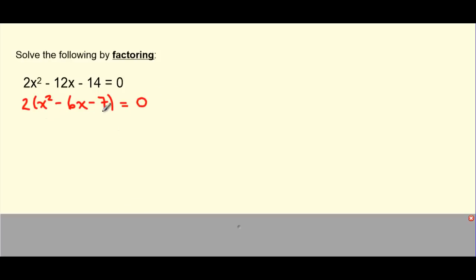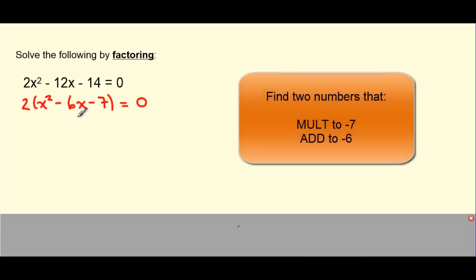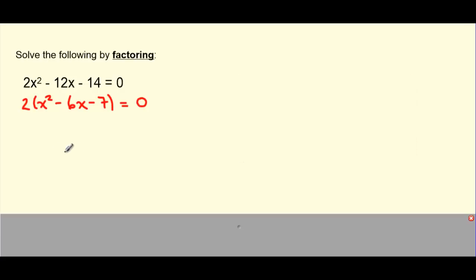X squared minus 6x minus 7 is an example of a simple trinomial, which means we want to factor by using the sum product method. We need 2 numbers that multiply to -7 and add to -6. Quickly see if you can figure out what those 2 numbers are. Well, those 2 numbers were -7 and +1.